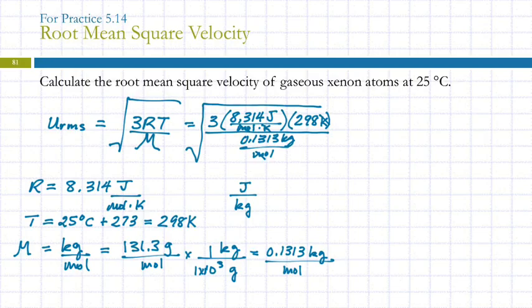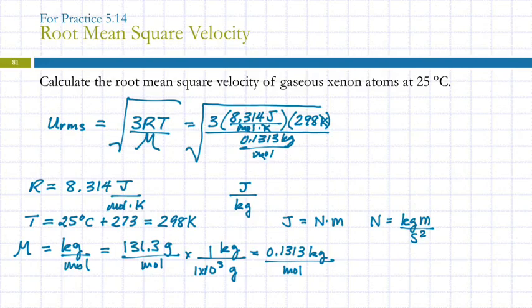A joule is a Newton meter. So a joule is a Newton times a meter. A Newton is a kilogram meters per second squared.